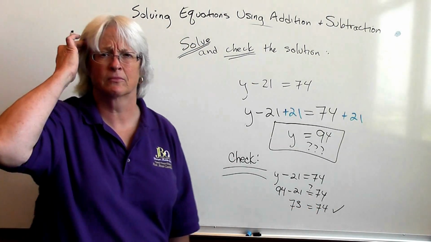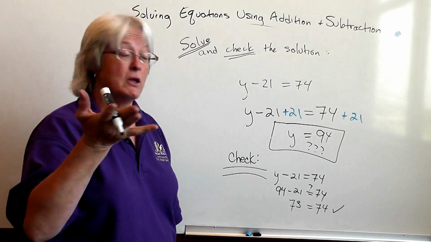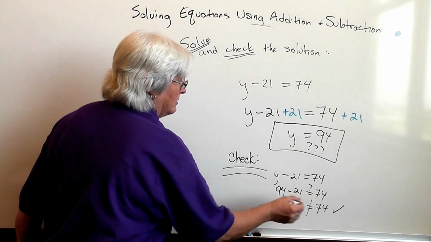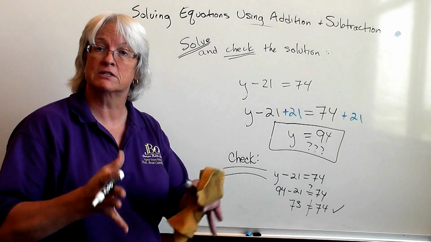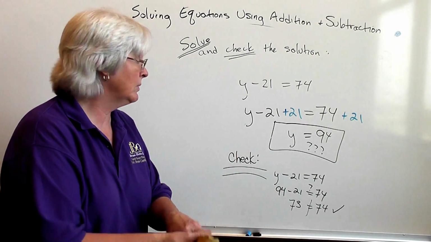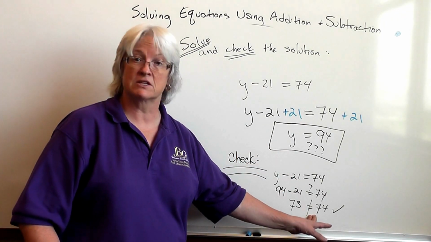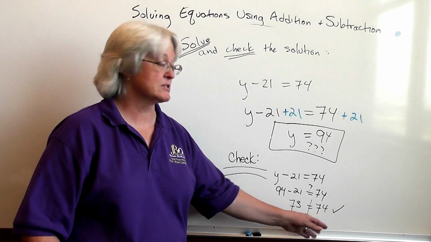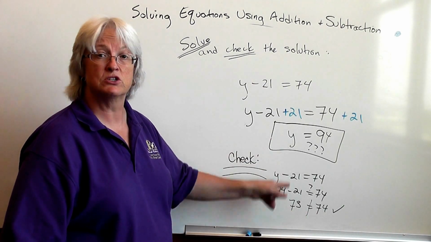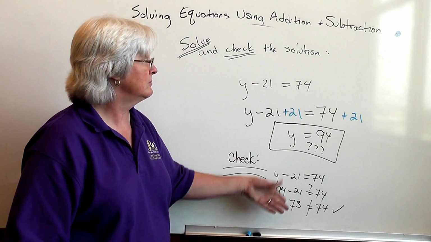I did something wrong. This is the value of taking the time to be slow, methodical, go back and check your work, because obviously 73 is not equal to 74, which means that you had a mistake up here somewhere.